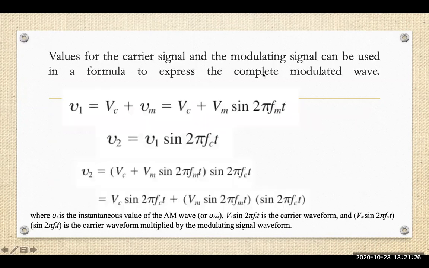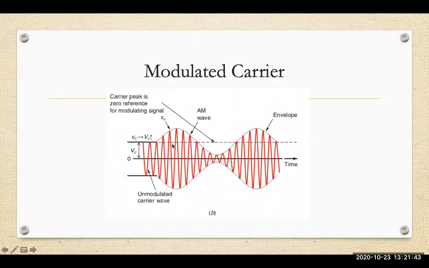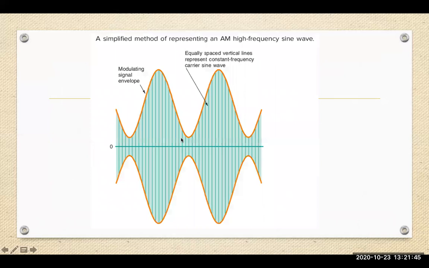Okay? So, values for the carrier signal and the modulating signal, we can use this sa formula na to sa next page natin. Ayan. V sub 1. Yung V sub 1 natin, this is the instantaneous value dun sa taas at baba ng voltage envelope natin. Kanina sa figure. Balikan natin yung figure. Ayan. Taas, baba. So ito yung envelope natin. V sub 1.